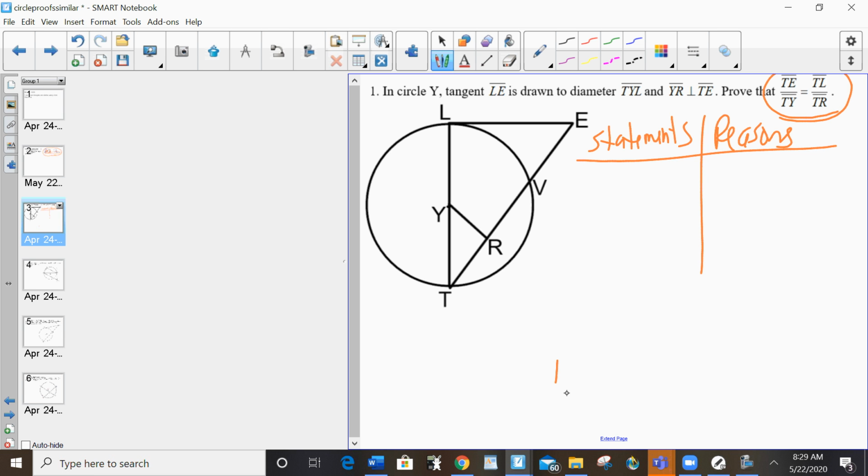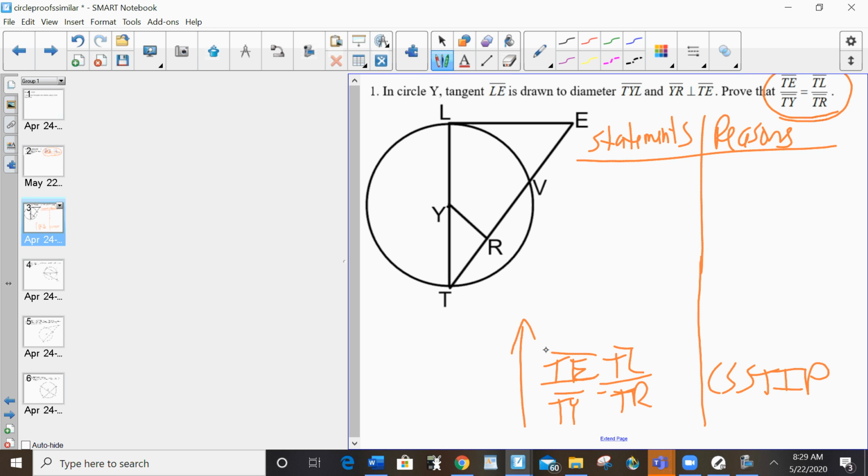So at the bottom, I'm going to put TE over TY equals TL over TR. And the reason for the proportion is CSS tip. Now I'm working backwards. Because it's not asking me to prove multiplication, I'm not going to do the multiplication step.